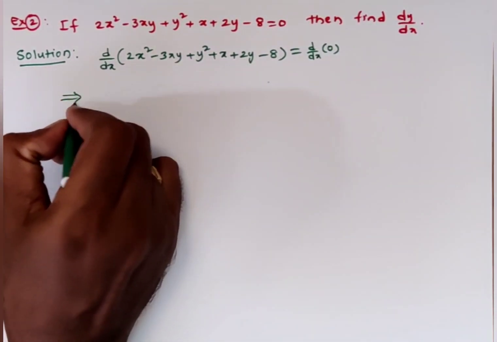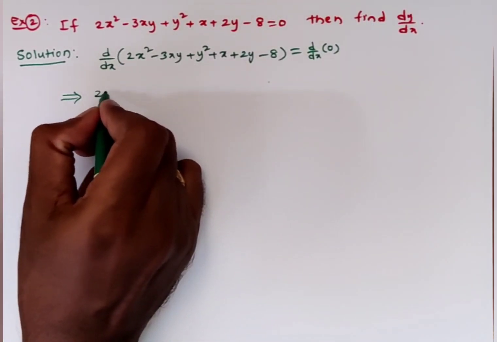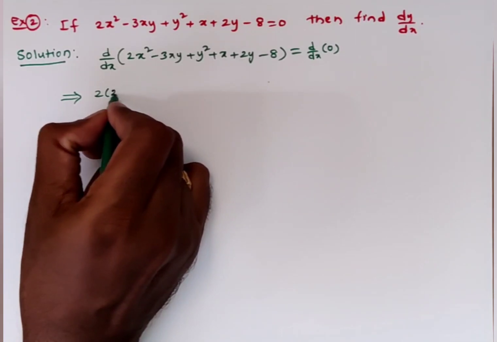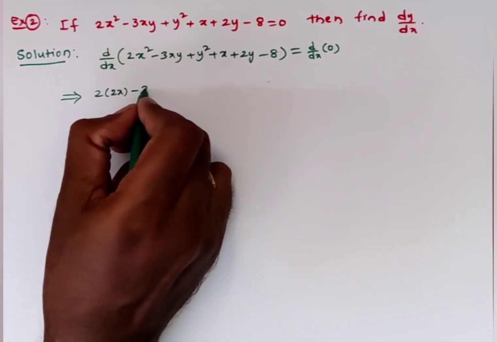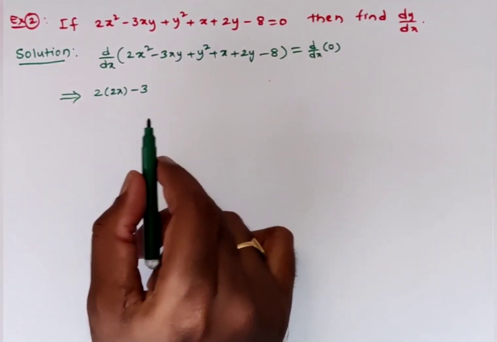Now the derivative of 2x square means 2 into the derivative of x square, which is 2x, minus 3 into the derivative of xy. Here it is the u into v method, right?